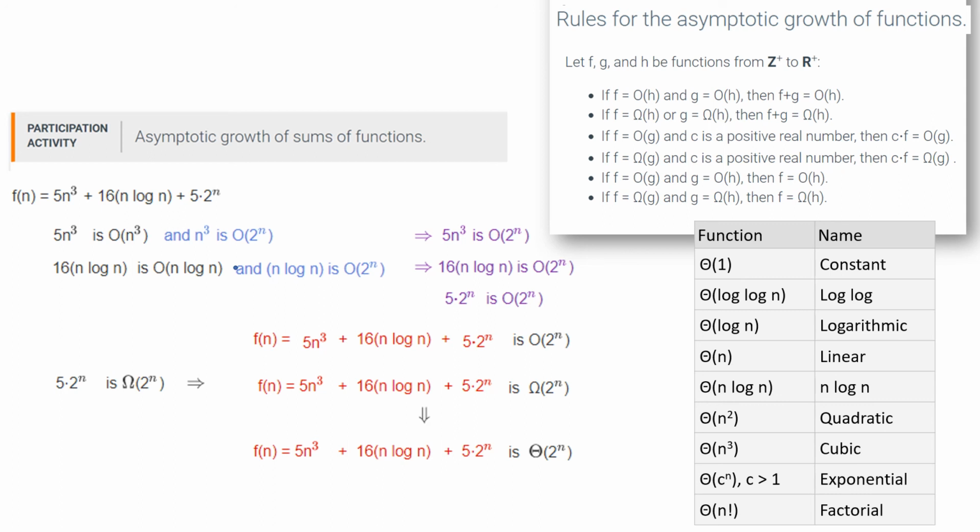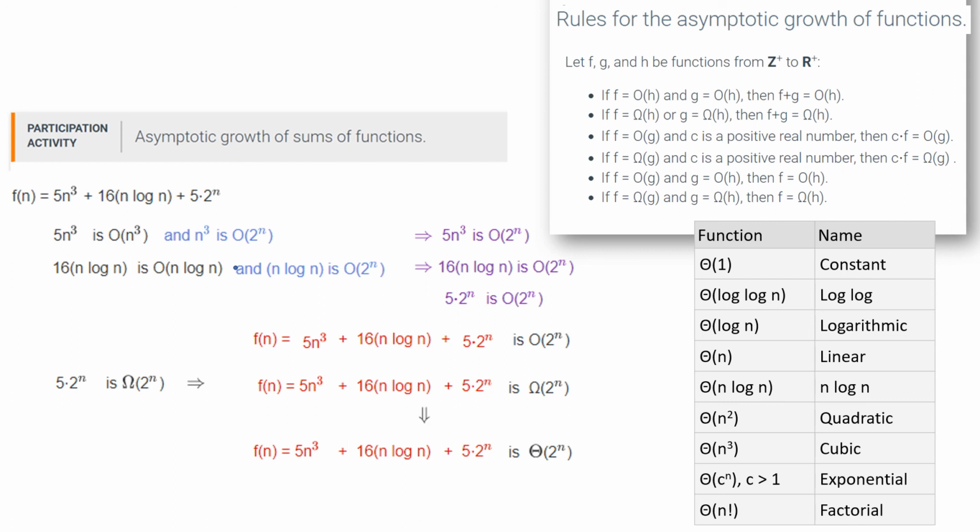Here's the rule of thumb. If you've got different terms, the term that grows more quickly ends up overtaking the others as we get bigger and bigger with our n values, and the others are just along for the ride. It really dominates, and the whole function ends up acting like that more quickly growing term.